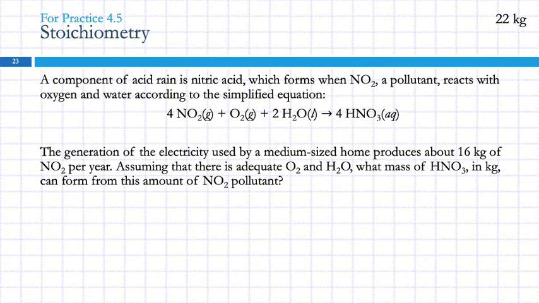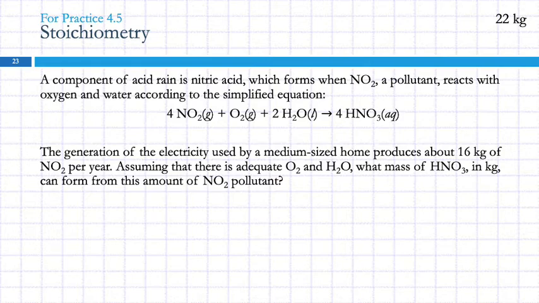One more example. A component of acid rain is nitric acid, which forms when NO2, a pollutant, reacts with oxygen and water according to this simplified equation. 4NO2 plus O2 plus 2H2O gives 4HNO3. And as you can imagine, having nitric acid in your rain is not good for much of anything.